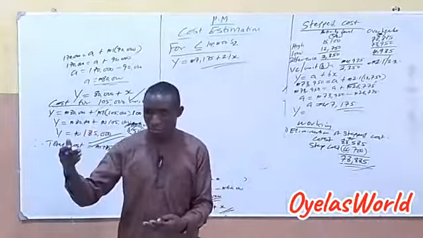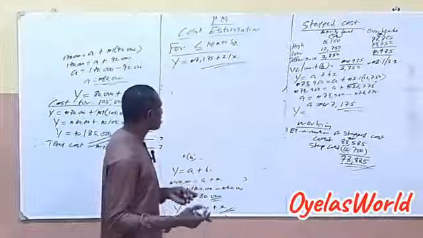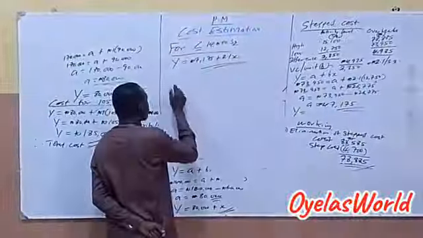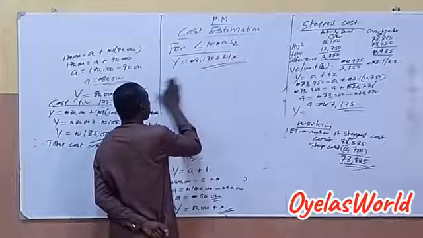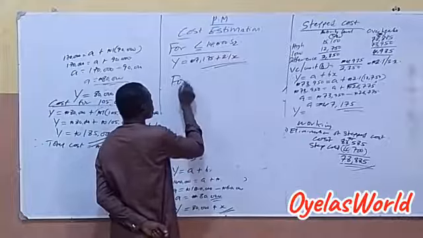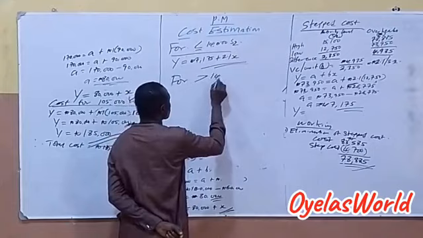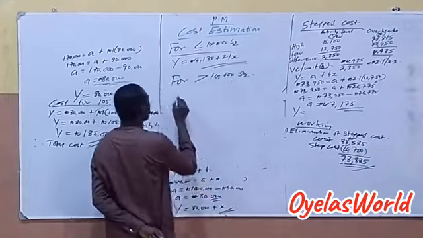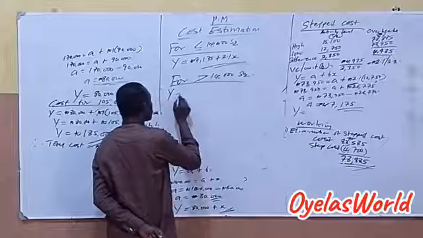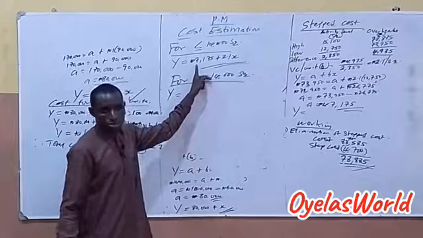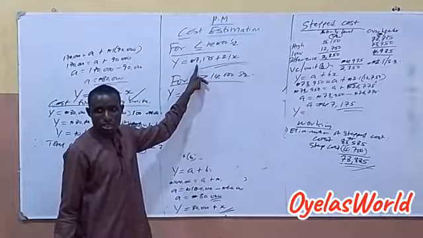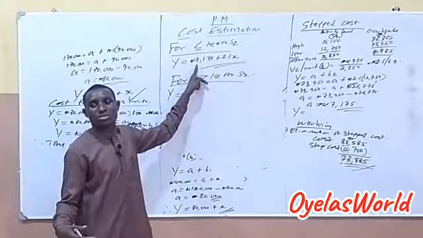Add it back. If I'm predicting for anything above that, my y for more than 14,000 square meters will be this fixed cost. Step cost is how much? Do we need to add it or not? Can you see now?